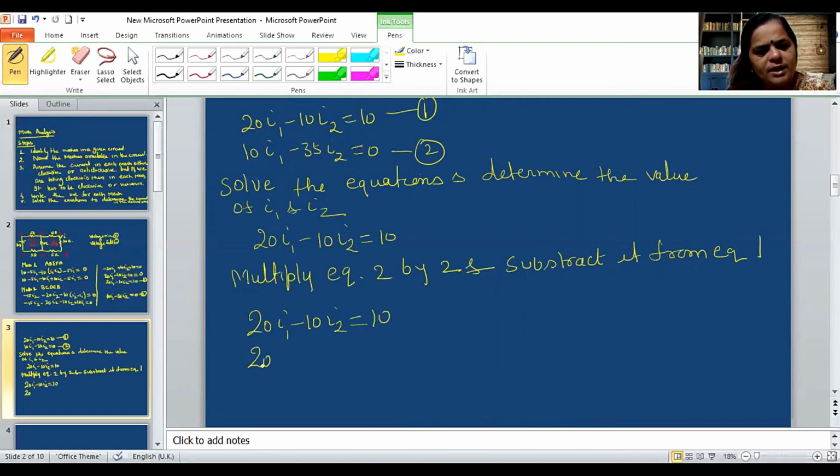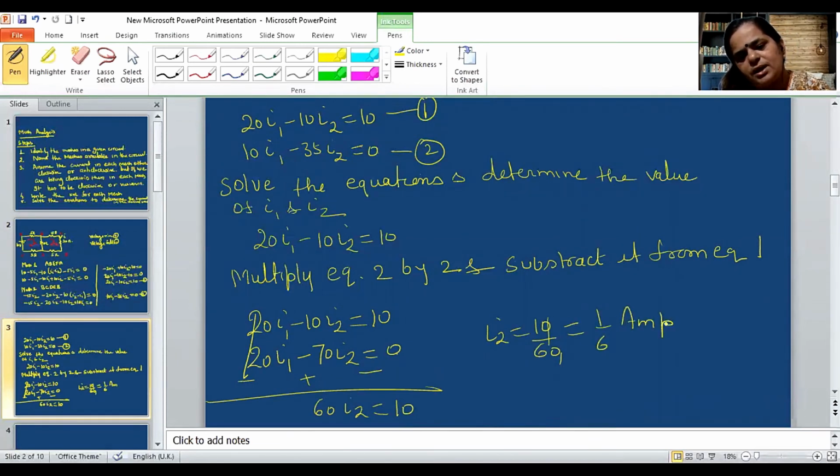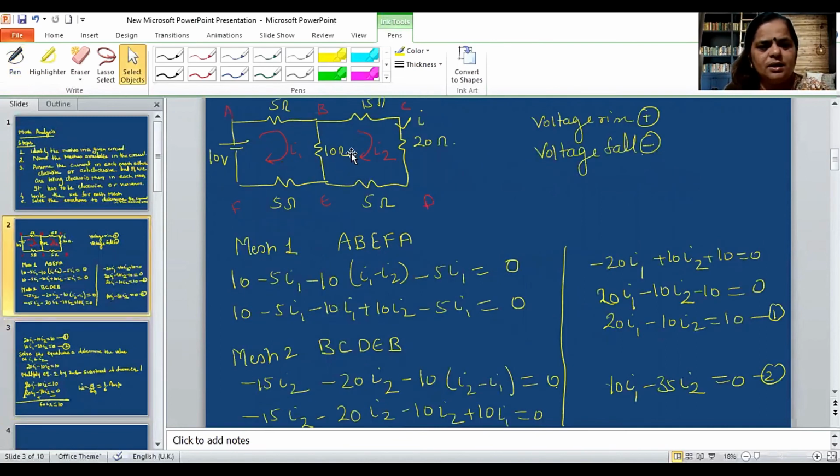And if I multiply equation 2 by 2, that is 20 I1 minus 70 I2, that is equal to 0, and subtract it. So what am I going to get? The I1 terms cancel. 60 I2 is equal to 10. So I2 is equal to 10 by 60, so 1 by 6. So 1 by 6 ampere is your I2. This is what we are supposed to determine.